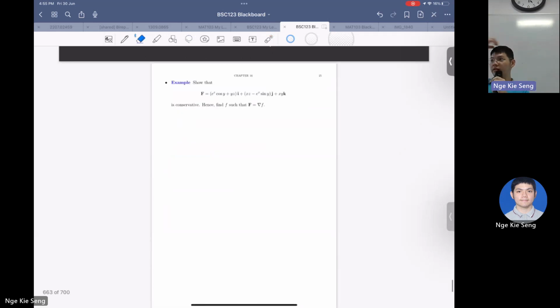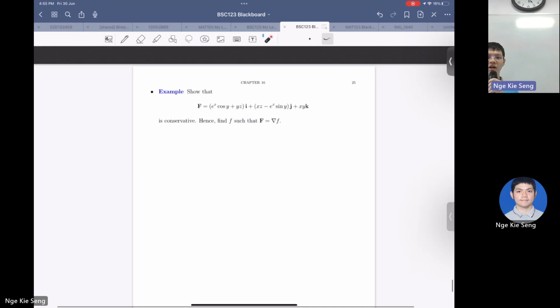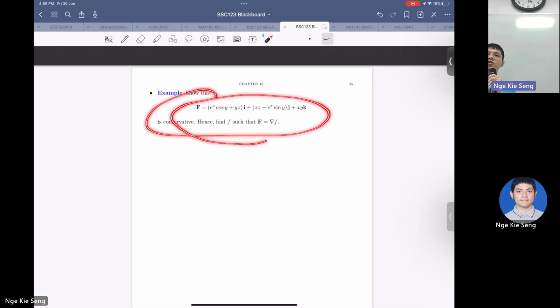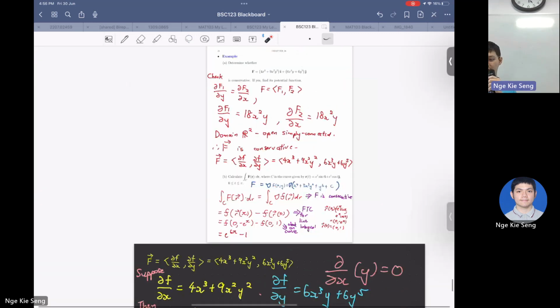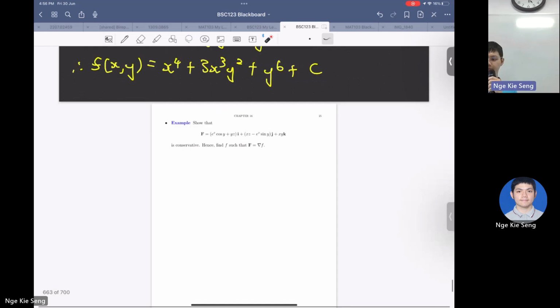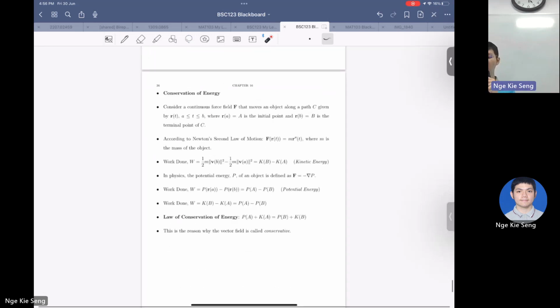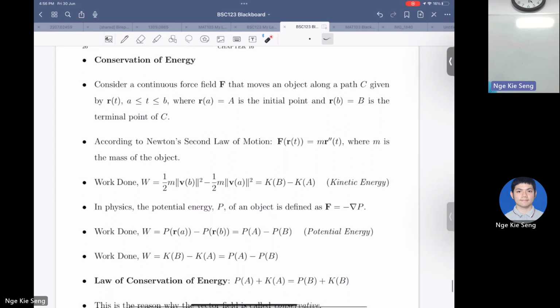Okay, so before we end, I will take a break. Okay. So for this 3 variable case, I just leave you to do it. Is it okay? So you need to check for 3 conditions here. Okay. So why is it called conservative vector field?